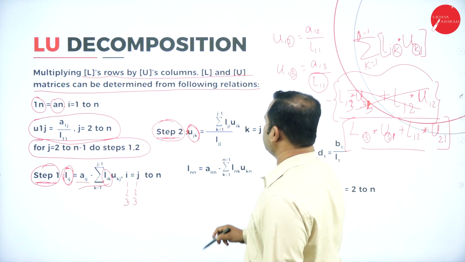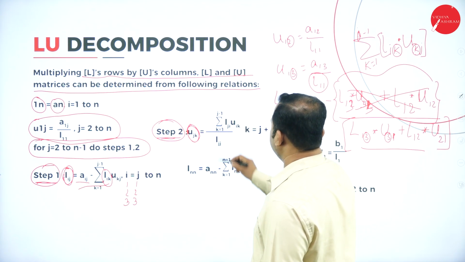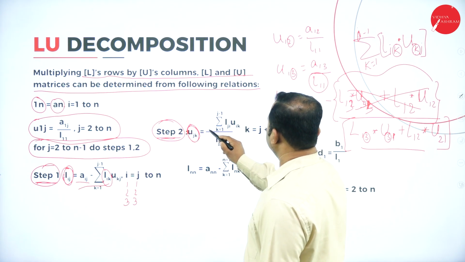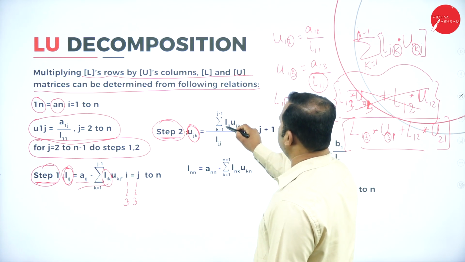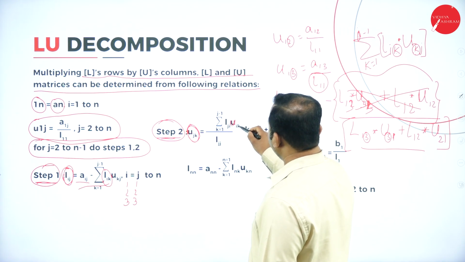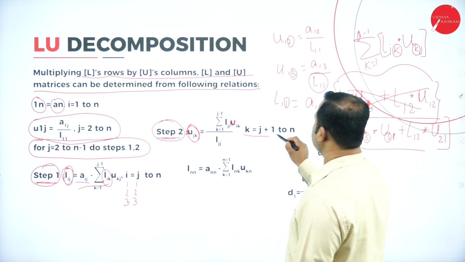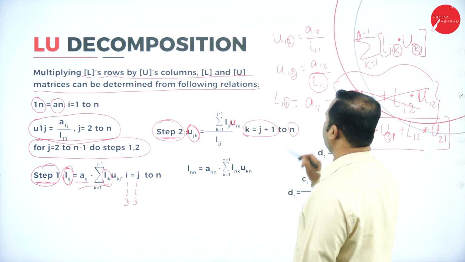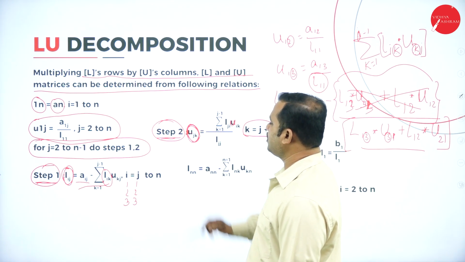The same thing is done here. U_jk is equal to summation of k equal to 1 to j minus 1 of L_ji U_ik divided by L_jj, where k is equal to j plus 1 to n. If that is the case, I will be left with the upper triangular matrix.